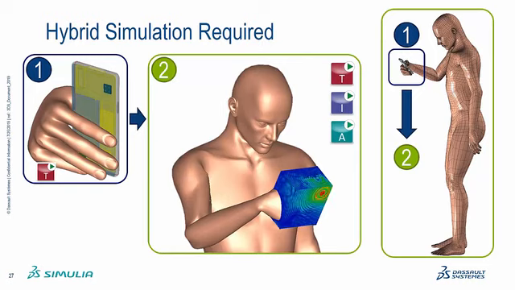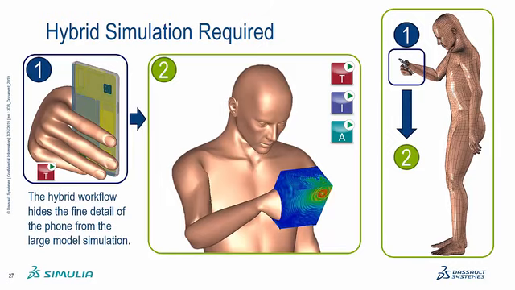Then we record an equivalent field source and use that as an excitation for a second simulation step where we're using perhaps again a time domain approach, but maybe also a more numerically efficient technique like the integral equation solver, so a method of moments approach, or even a shooting bouncing ray approach embodied by us in the asymptotic solver. Now, the effect of this hybrid workflow is to hide the fine detail of the phone from the large model simulation. So it makes it possible to simulate accurately, but at large scale.